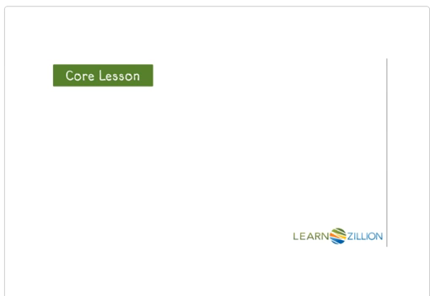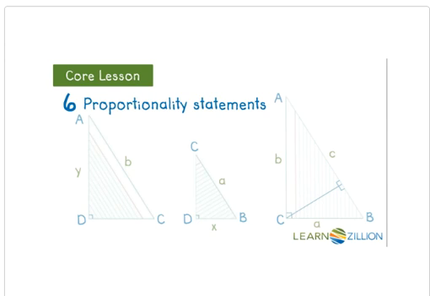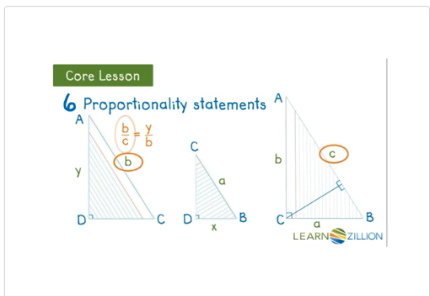So now for step 6, we'll take the 3 triangles and write proportionality statements. So here's our 3 triangles, and we'll start with the medium triangle proportional to the largest triangle. So here we see that if we compare the 2 hypotenuses, we get the ratio of b to c.